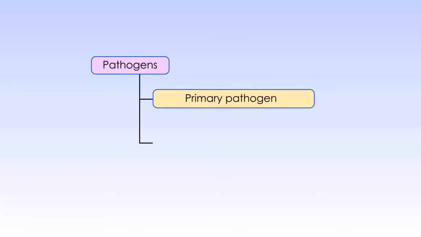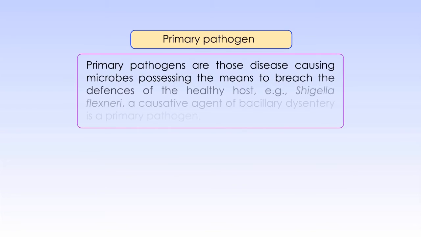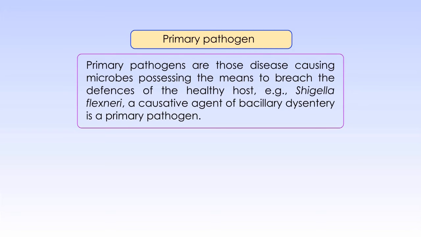transient because immune defenses kill the pathogen before any noticeable disease results. Pathogens may be either primary pathogens or opportunistic pathogens. Primary pathogens are disease-causing microbes possessing the means to breach the defenses of the healthy host. For example, Shigella flexneri, the causative agent of bacillary dysentery, is a primary pathogen.